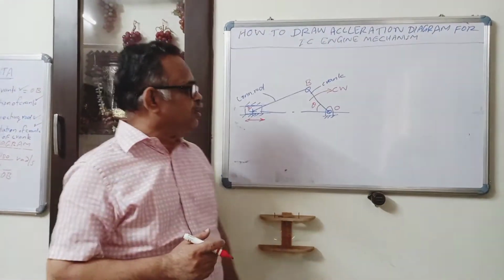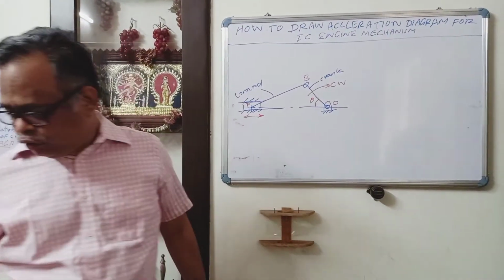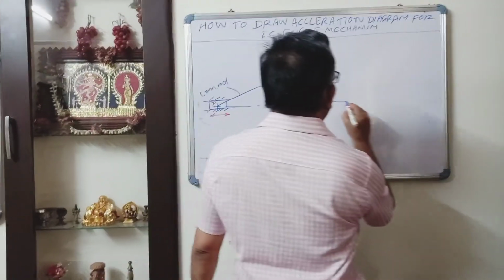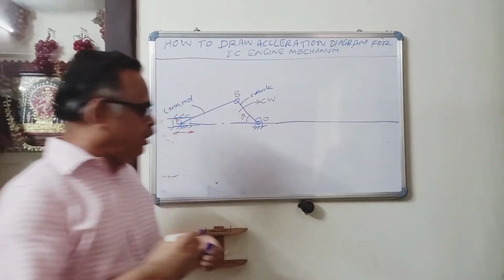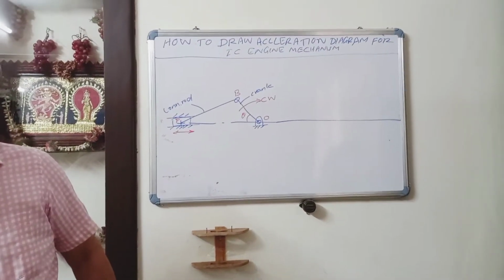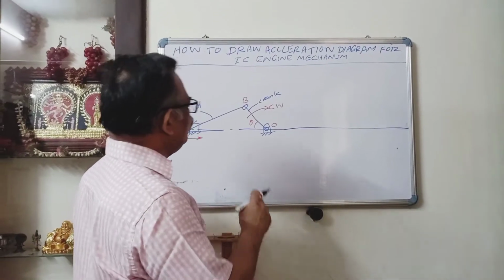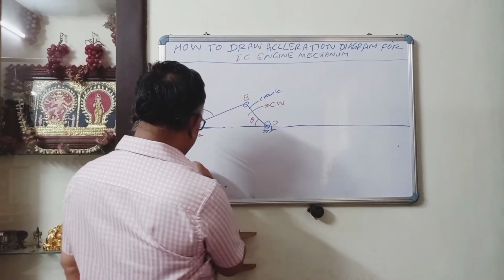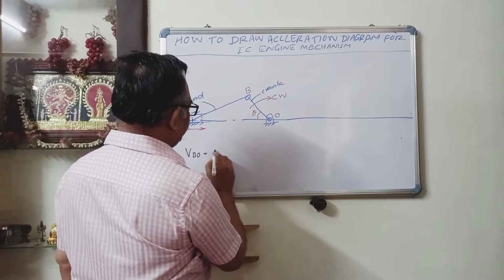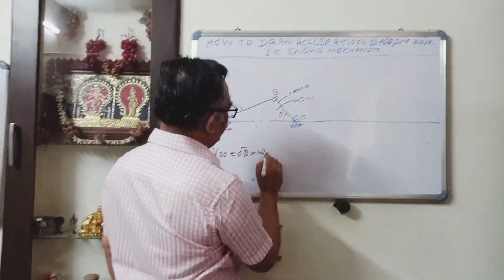Now we'll see how exactly to draw the velocity diagram. I'll just extend this line like this. To draw the velocity diagram, first of all we know VBO, which we already calculated: VBO is equal to OB into omega BO.